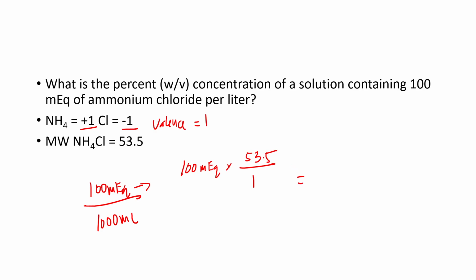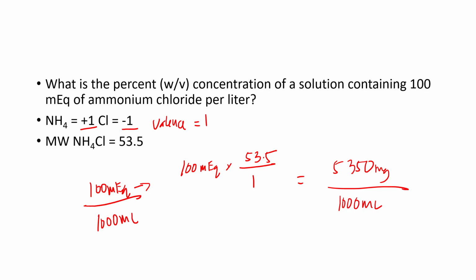So that's 53.5 times 100, that's 5350 milligrams per 1000 ml. However, our standard unit for percent weight in volume is gram per ml. So let's convert our milligrams into grams.